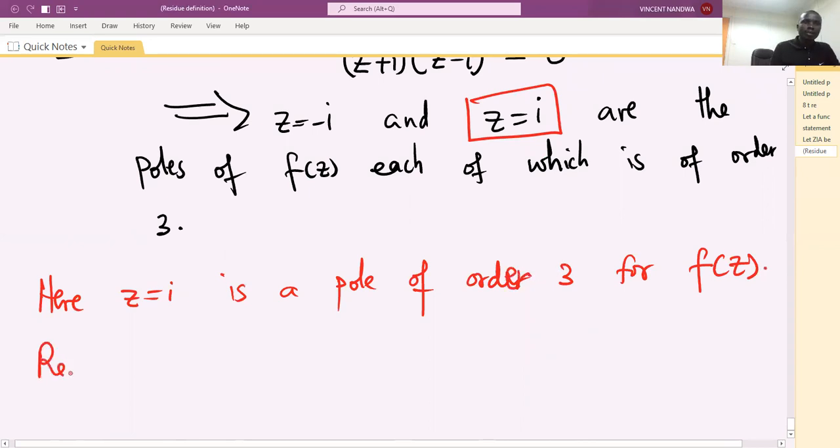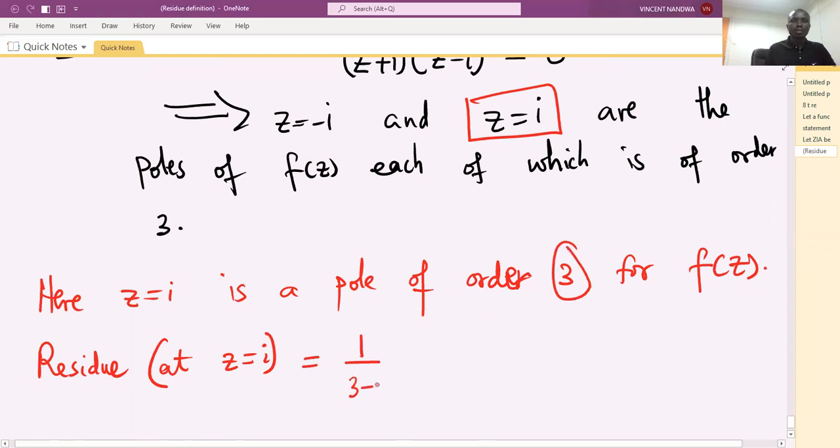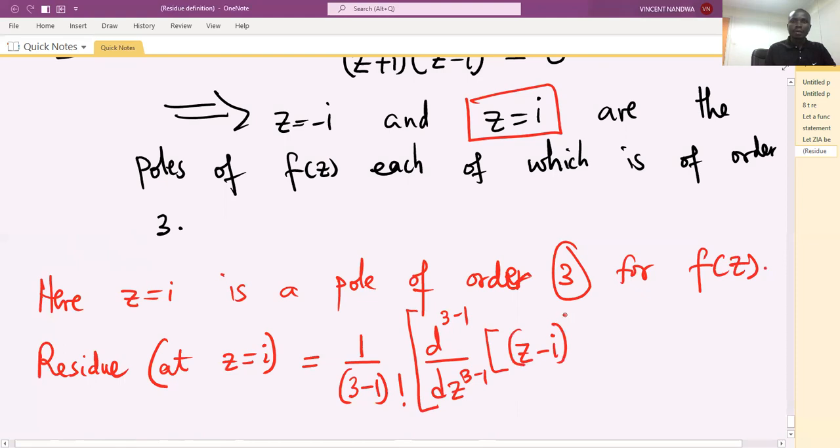Now, residue at z equals i, by definition will be given by 1 over, so n for this case, because the order is 3, will be 3, so it will be 3 minus 1 factorial, and then the 3 minus 1 derivative of z minus i power 3 times f of z. And by definition, this will be carried out at z equals i.